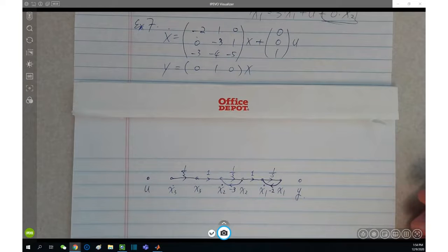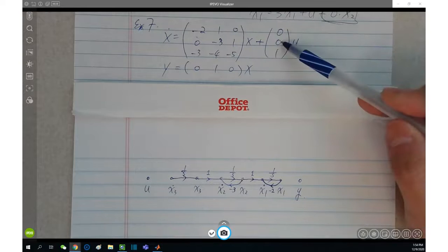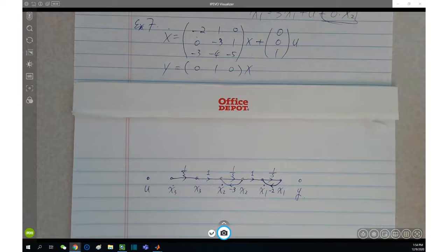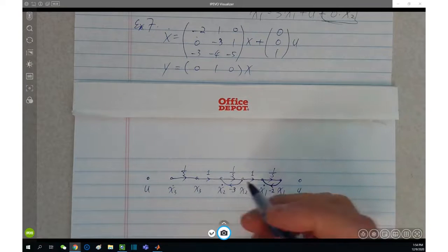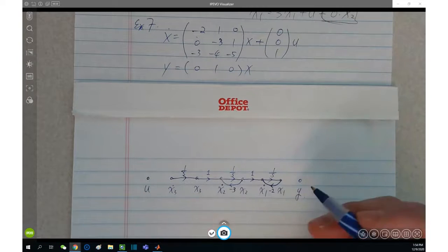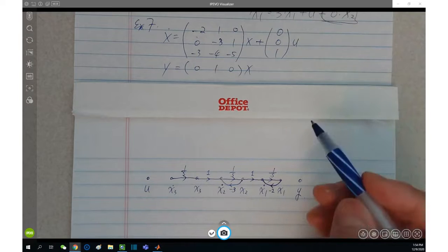Any contribution from the input? Nope, 0. Third equation, x3 dot equals -3 times x1, right?